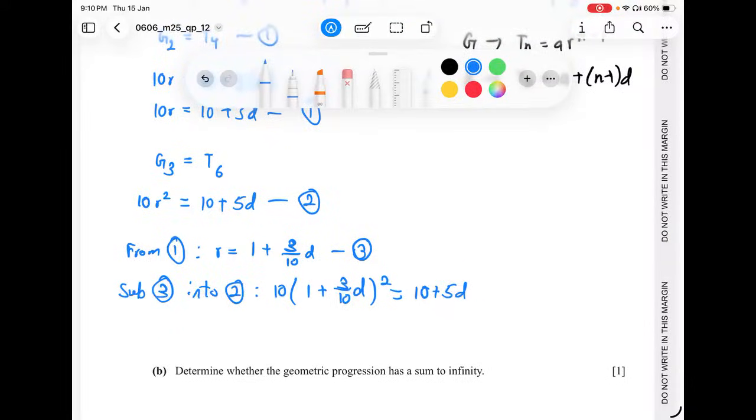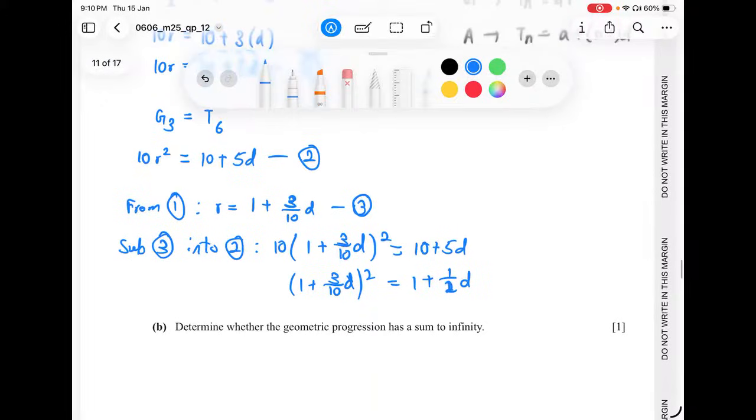So now basically what you do here is (1 plus 3 by 10 d) squared equals to 1 plus half d. I just divided both sides by 10. And now you expand this: 1 plus 3 by 5 d plus 9 by 100 d squared equals to 1 plus a half d.